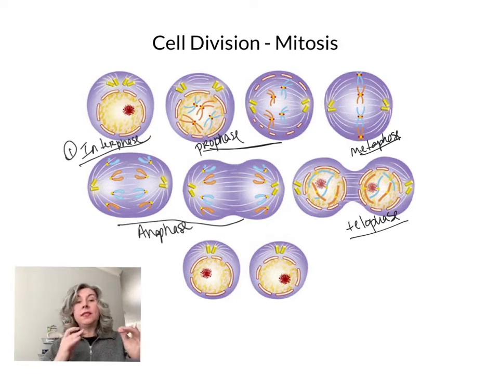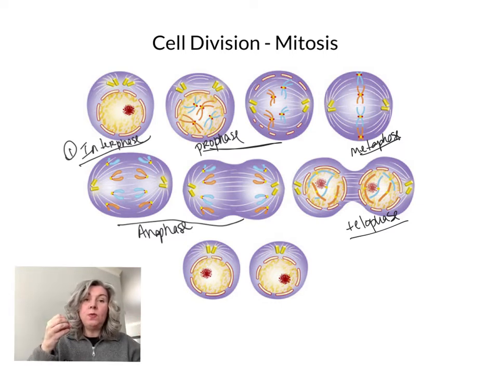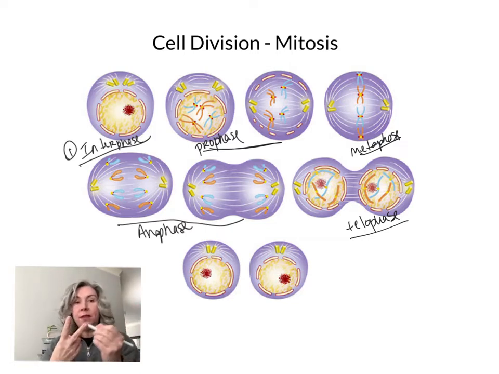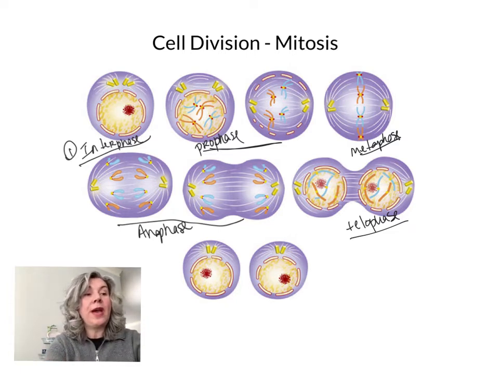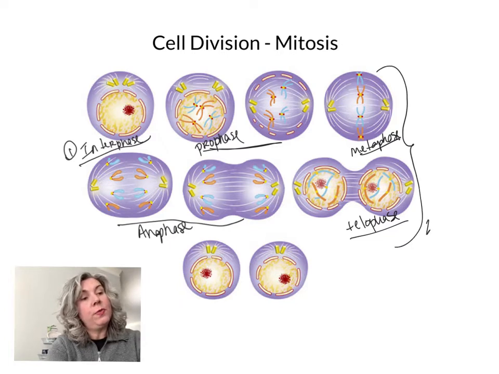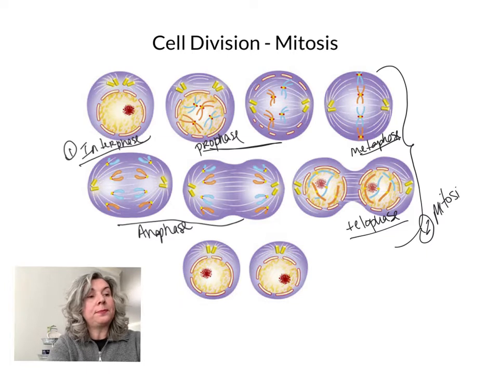Telophase is when the new nucleus begins to form. The nuclear envelope forms around those chromosomes and the cell is just about to divide. So collectively, prophase, metaphase, anaphase, and telophase is what we refer to as mitosis. So all of these here would be our second stage of the cell cycle, called mitosis.